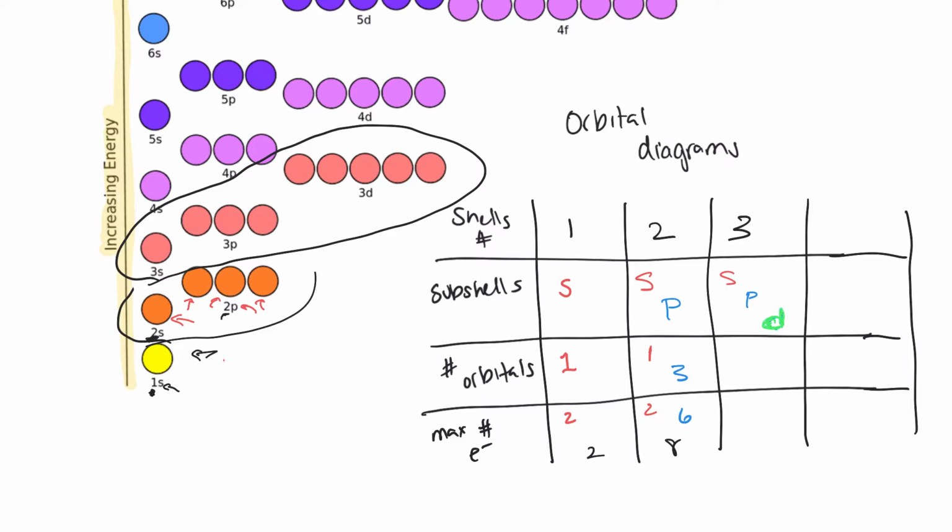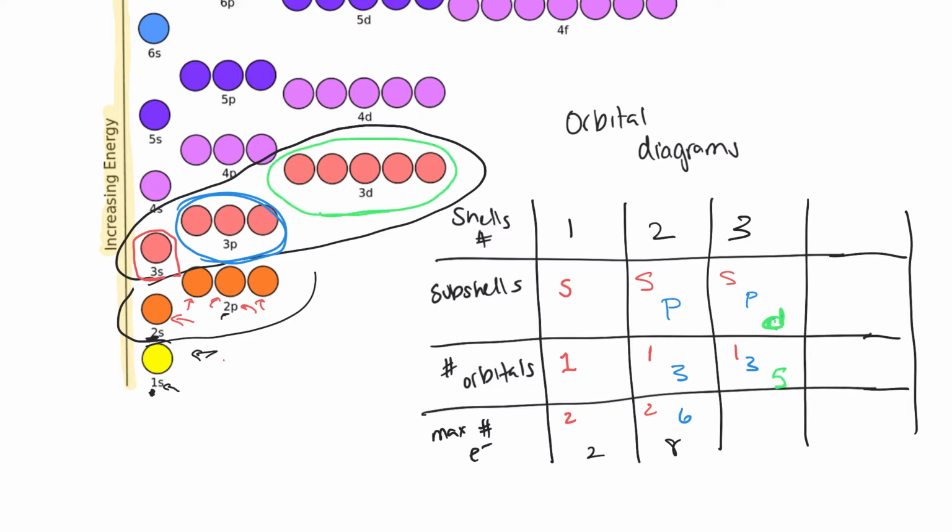Subshell S only has 1 orbital. Here's our 1 orbital for the 3s, shell 3 subshell S. Your 3p has 3 orbitals, and then your 3d has 5 orbitals.